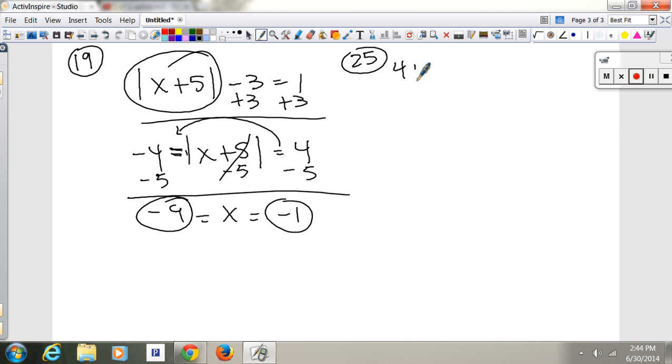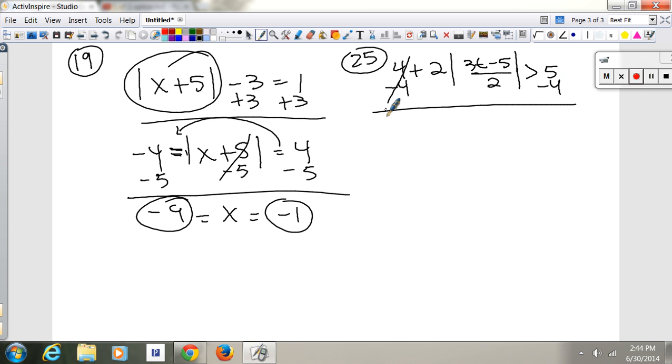4 plus 2 absolute value 3t minus 5 over 2 greater than 5. Let's subtract 4 first. 2 absolute value 3t minus 5 over 2 is greater than 1.